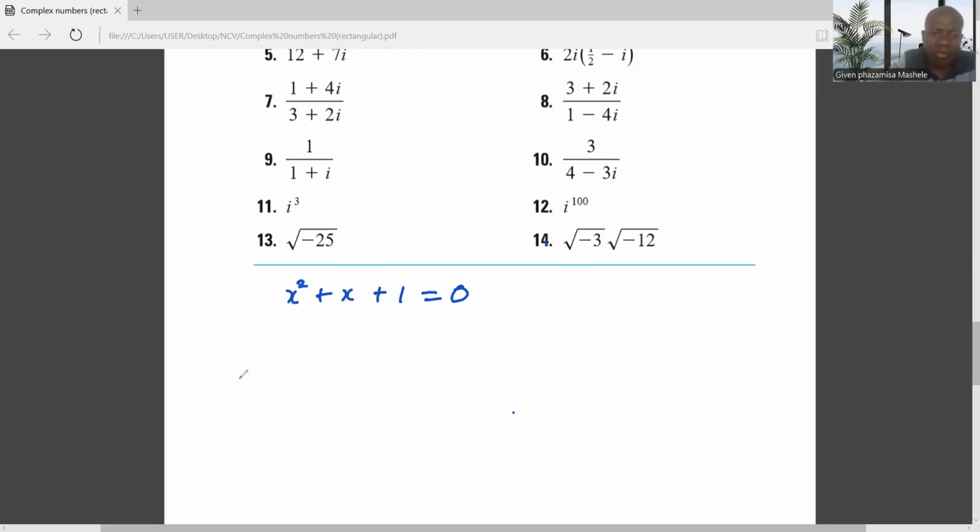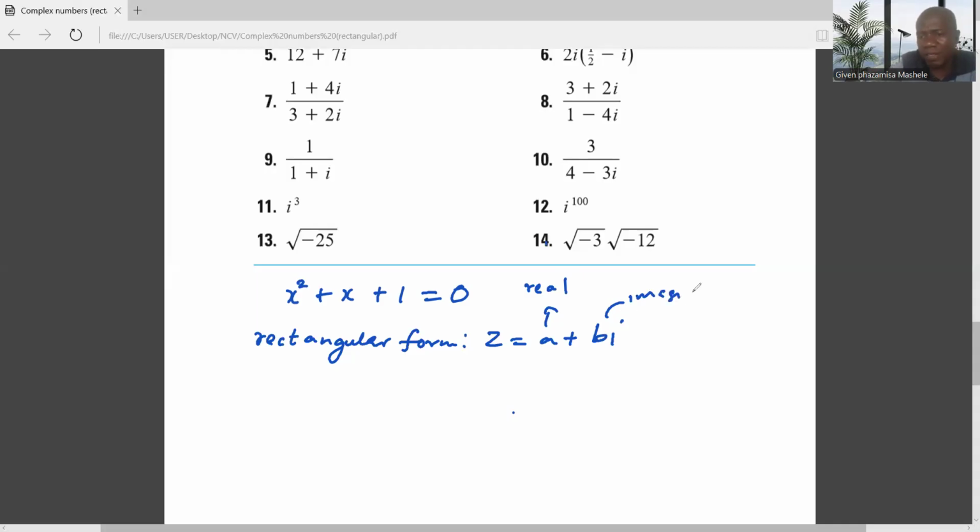So in summary, we went through the standard form, the rectangular form of a complex number, which is a plus bi, the a being the real part and the b being the imaginary part.